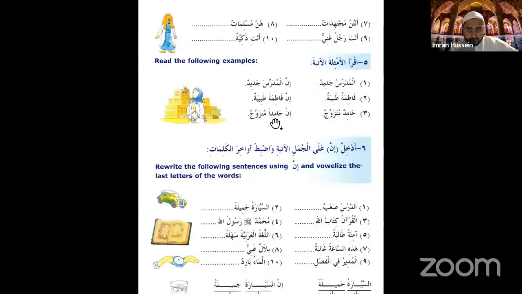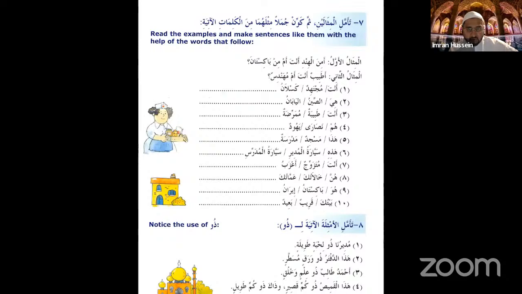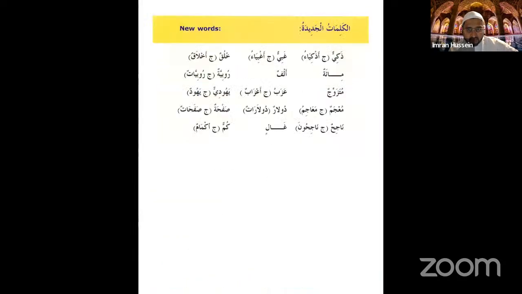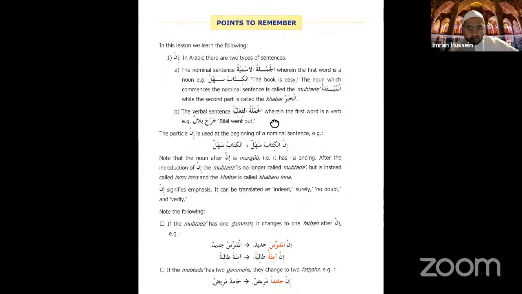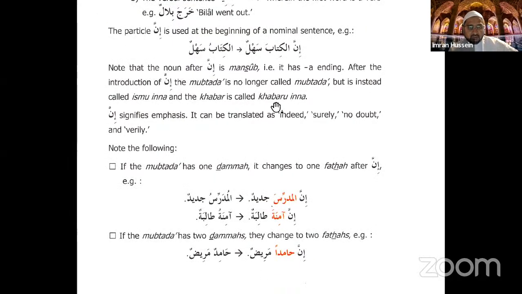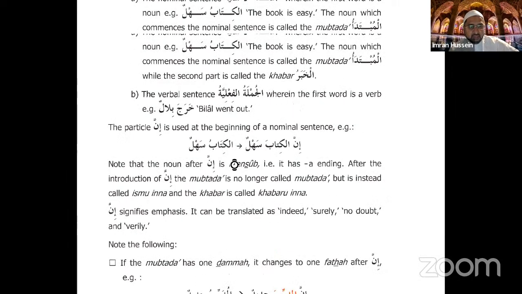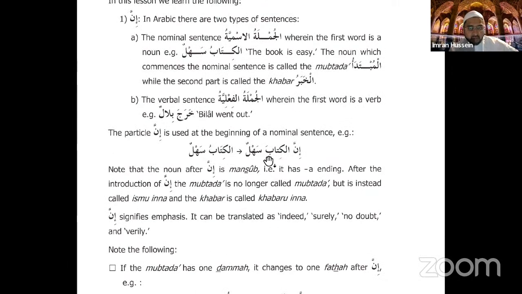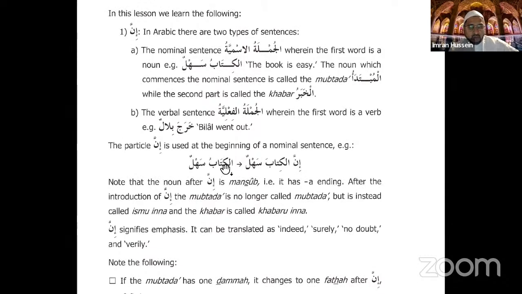Now we have done the exercises before, so I don't want to take more time on them. First of all you have a sentence, al-kitabu sahlun. When inna comes, a normal sentence containing mubtada and khabar, subject and predicate, al-kitabu sahlun, when inna is inserted, the first noun, which was the mubtada, changes to mansub.